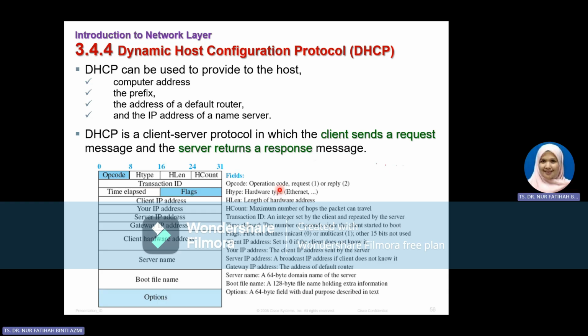So basically, DHCP sets up all the basic network settings for the device automatically, making it ready to communicate on the network and access the internet.